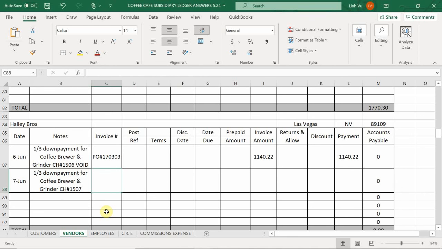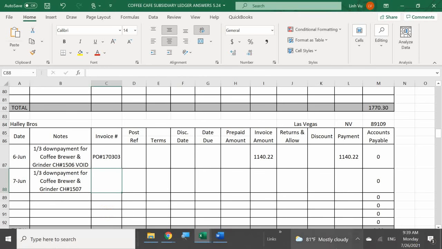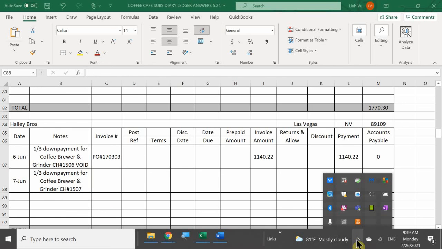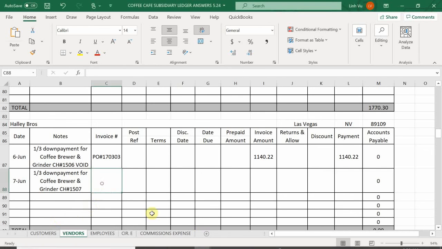But I still had to keep it there because I still wrote them check 1506 and they received it. And they called me up and said this is for the wrong amount. Either way, I still want to keep this transaction, because that prevents me from making a fraudulent charge. I actually voided it instead of deleting it right off my books, because deleting would look like I was committing fraud with that 1140.